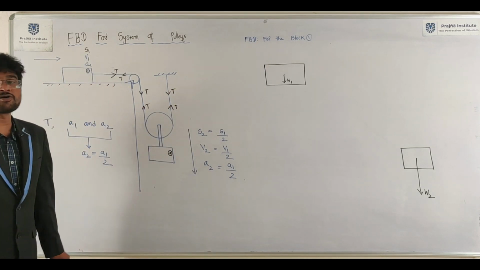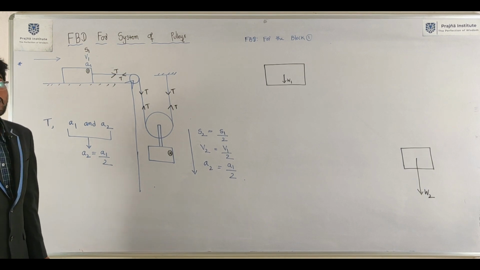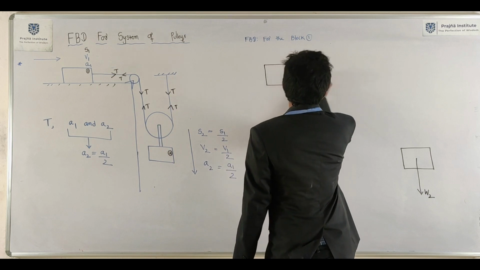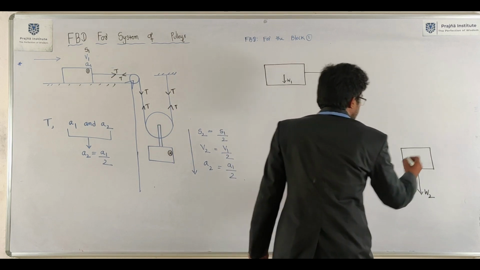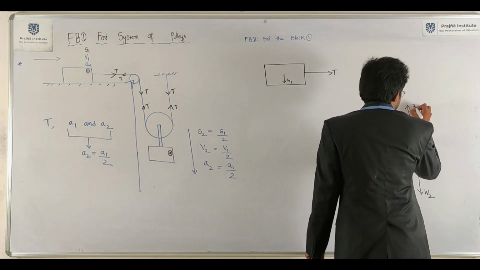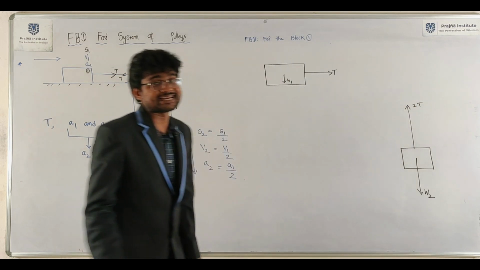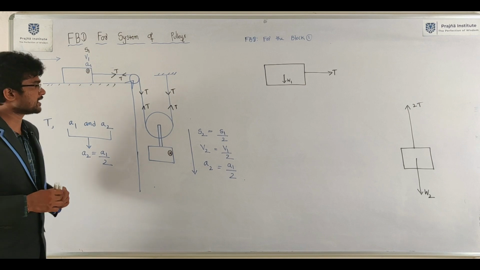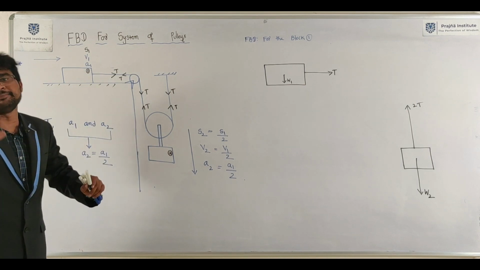Tension always pulls the block. Two tensions are acting here, that is 2T, two tensions pulling the block. Same string, same tension.